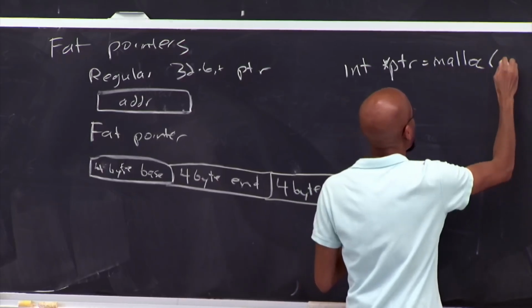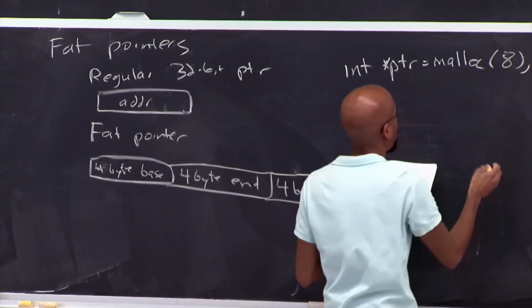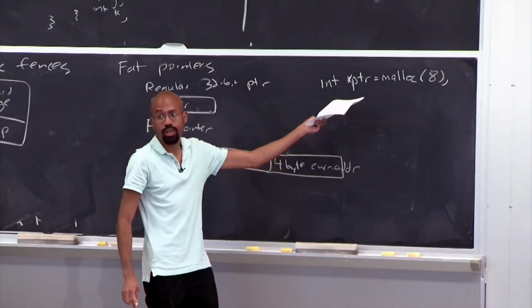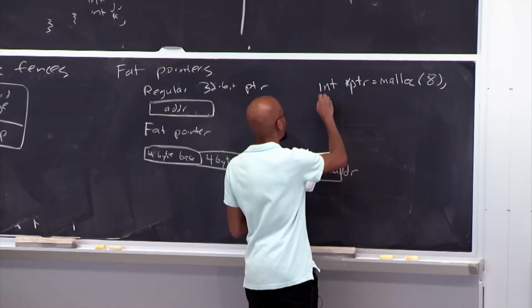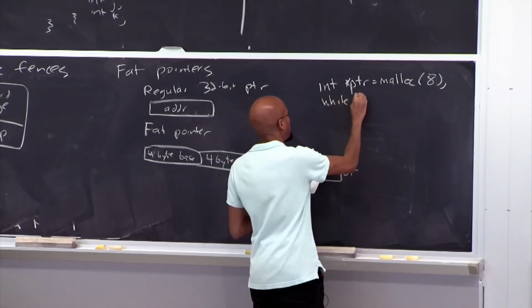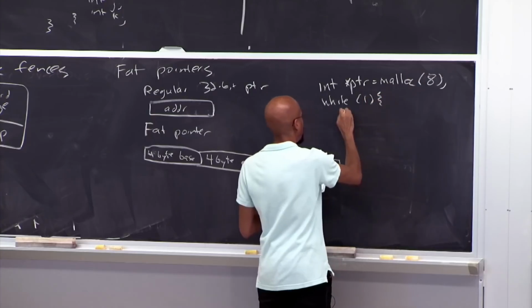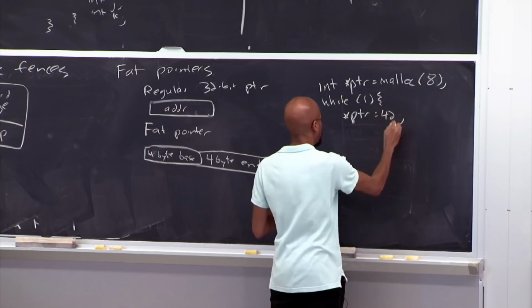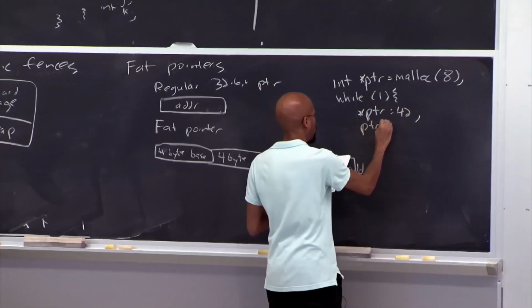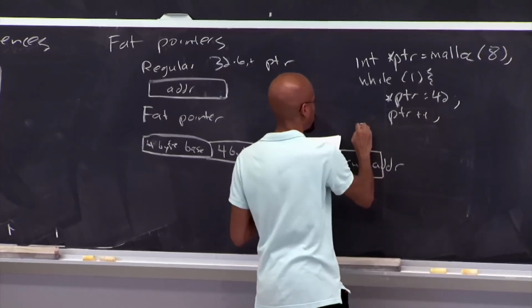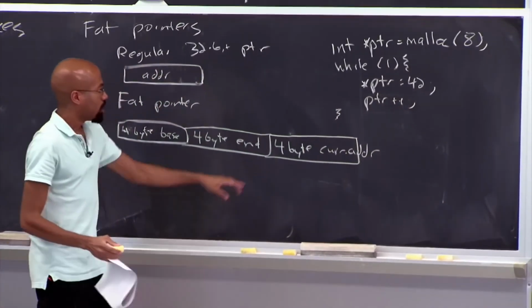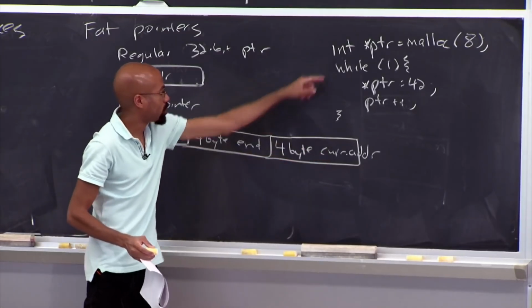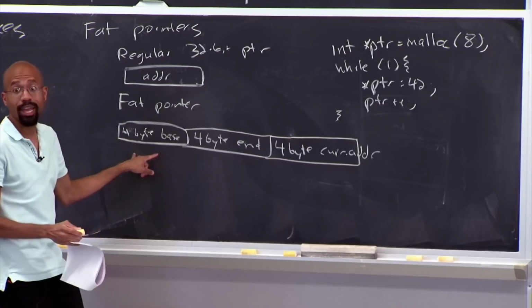For example, you can imagine that if I had code like this, I have an int pointer, and then I allocate 8 bytes. Assuming we're on a 32-bit architecture, this should point to space for 2 integers. And then I have some while loop that just assigns some value to the pointer and then increments the pointer. What you'll see is that the current address for this pointer at this point in the code will point to the base, right?